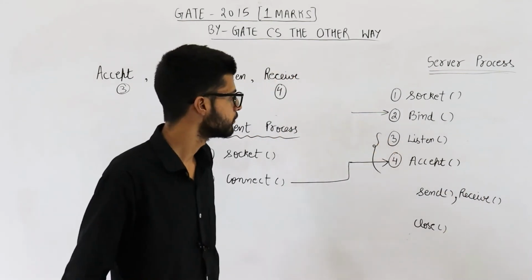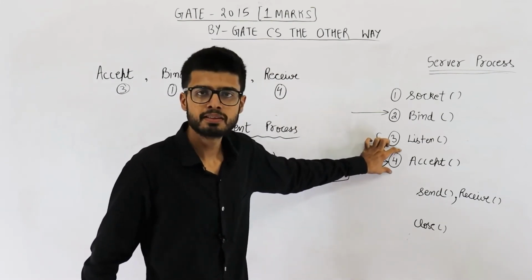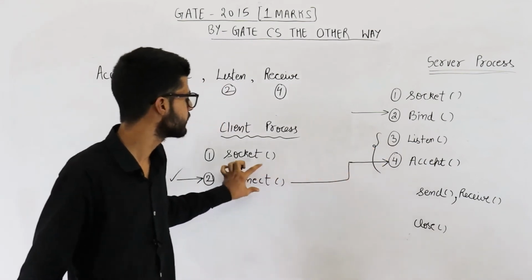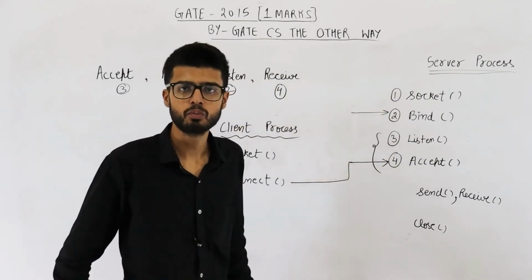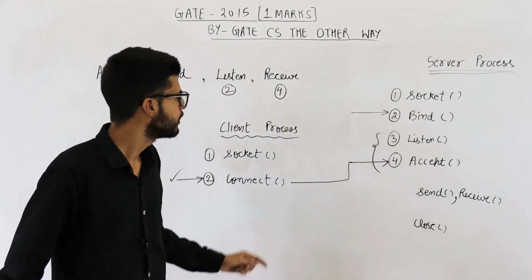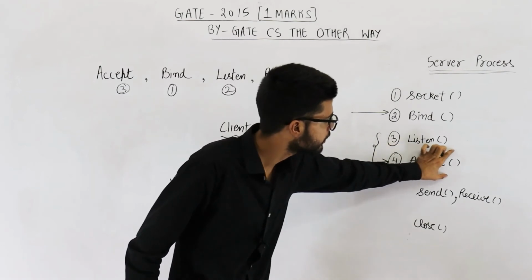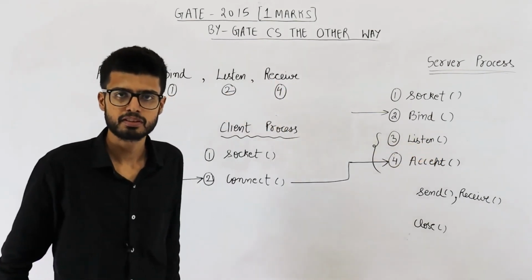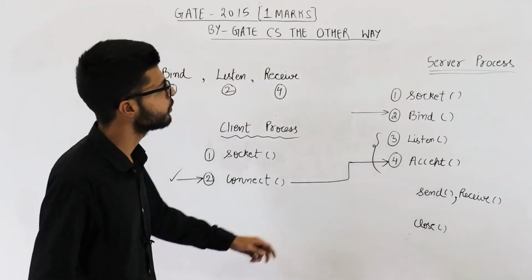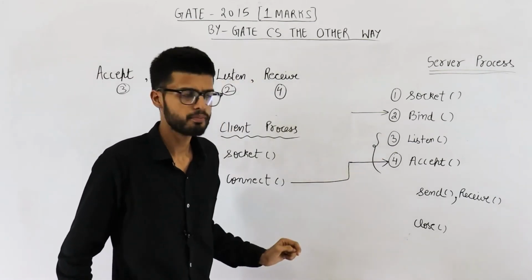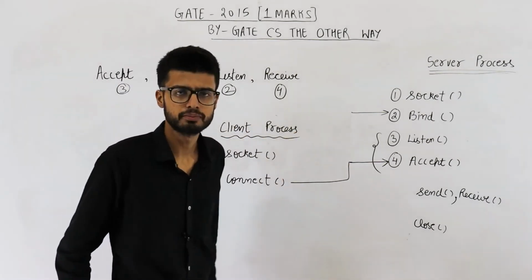It is possible that you have executed the system call and no one is trying to connect, so the caller will go into a blocking mode and a lot of things can happen. Suppose 3-4 people are trying to connect and yet you haven't executed any accept system call. So there are various scenarios, but for GATE you just need to know the names of these calls, the names of these functions and their purpose.